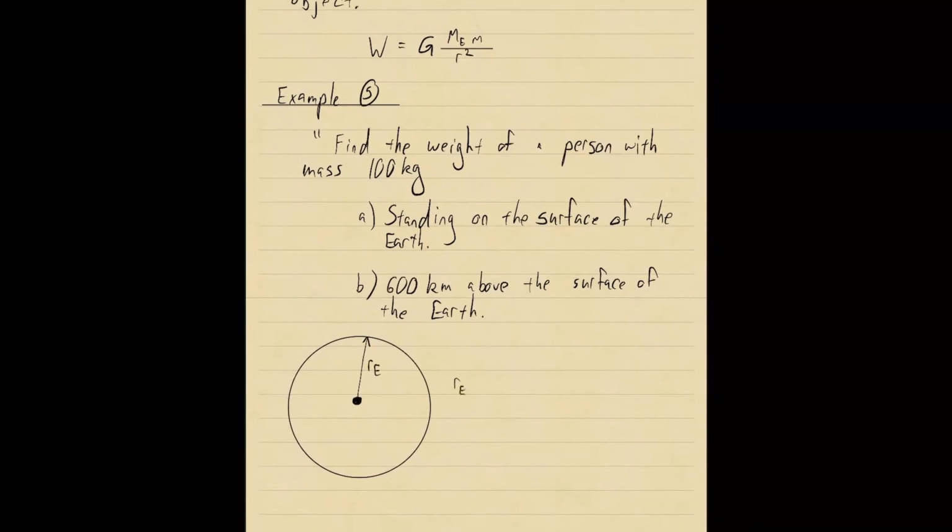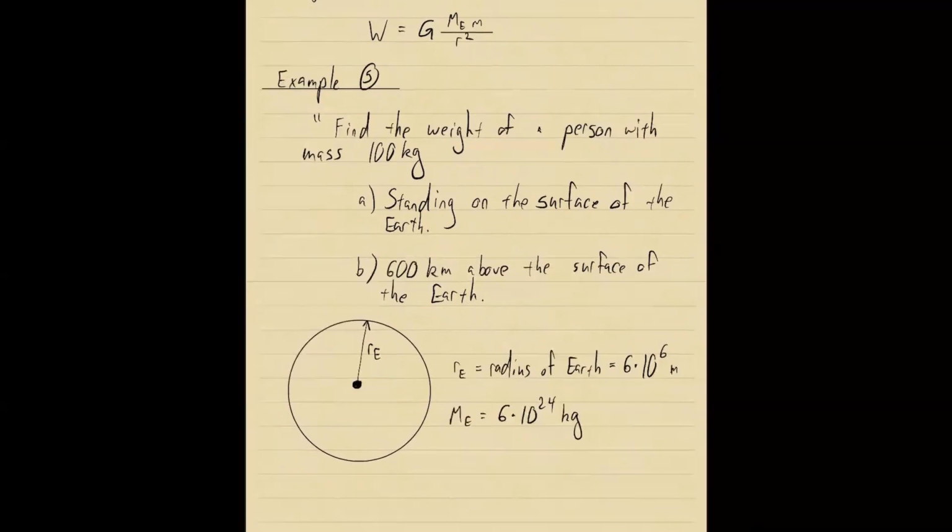The radius of the Earth is about 6 times 10 to the 6 meters. And just as a reminder, the mass of the Earth is equal to 6 times 10 to the 24 kilograms.